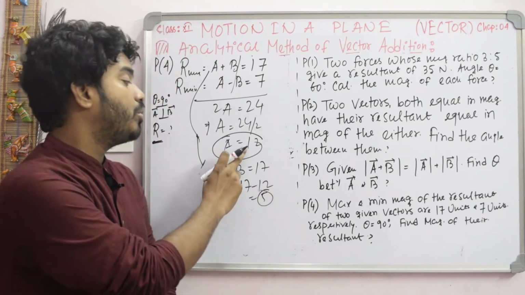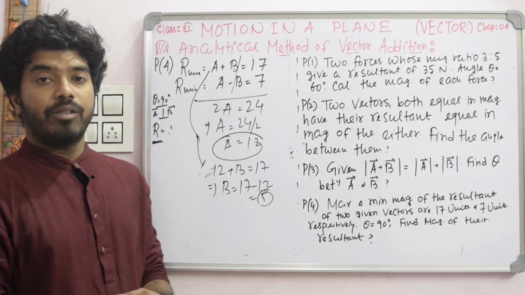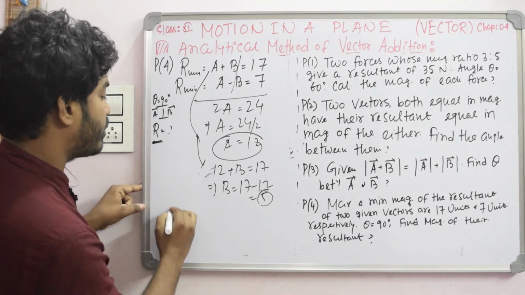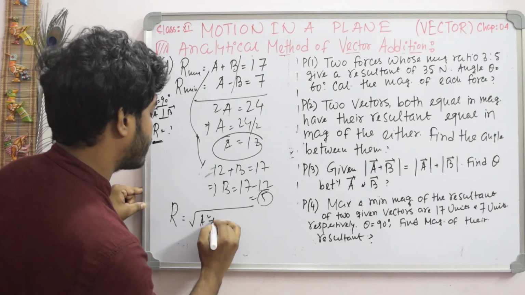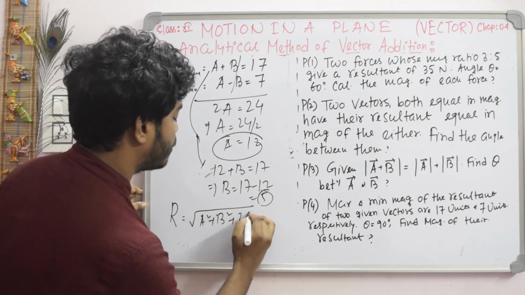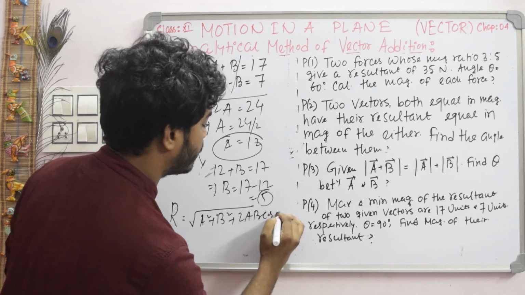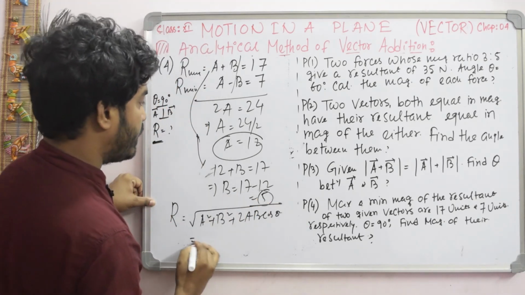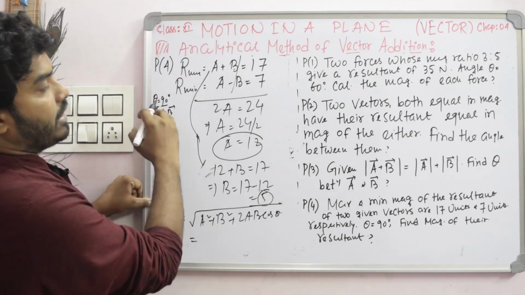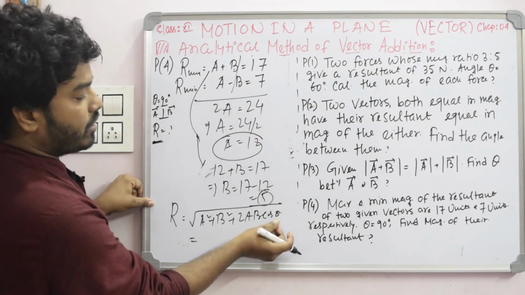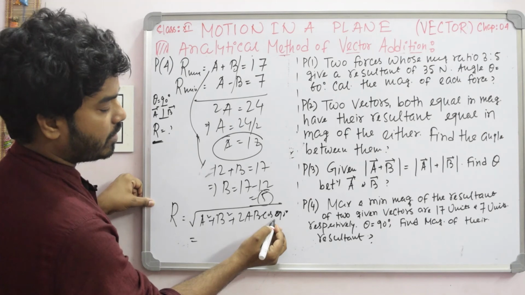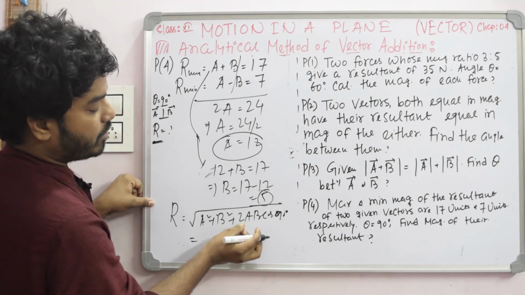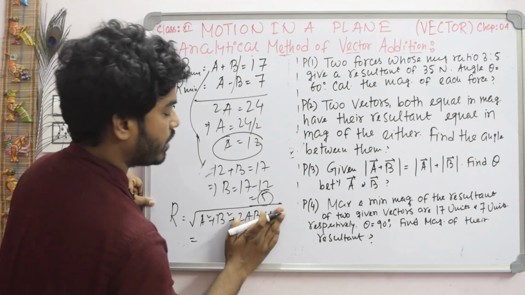Now you know the values of A and B. So you just use the resultant formula, R is equal to root under A square plus B square plus 2AB cos theta. Now you see theta is given as 90 degrees, that is A and B are perpendicular to each other. So this will be cos 90, and you know the value of cos 90 is 0. So this 0 multiplied with 2AB gives 0.